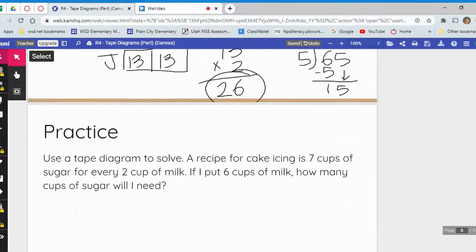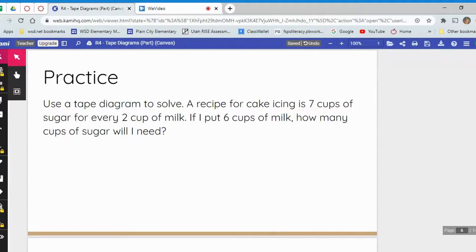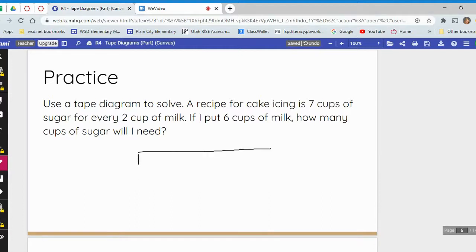All right, let's do another one together, and then I'll give you a few that you can try. So, use a tape diagram to solve. A recipe for cake icing is 7 cups of sugar for every 2 cups of milk. So let's draw that. So it's a 7-to-2 ratio, right?